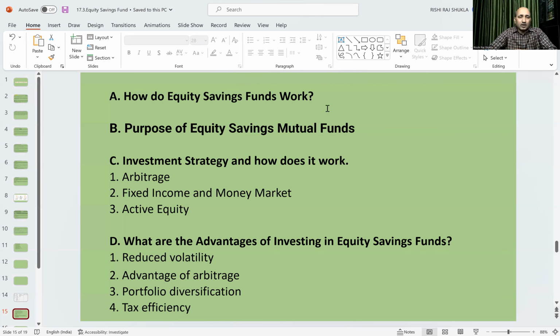It can also exploit money market instruments, fixed income instruments, invest in debentures, bonds, commercial papers, CDs, certificates of deposit, G-Secs, treasury bills. So whatever opportunity is available, they will invest there also to get return.